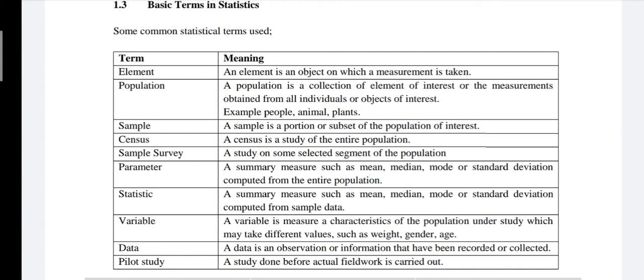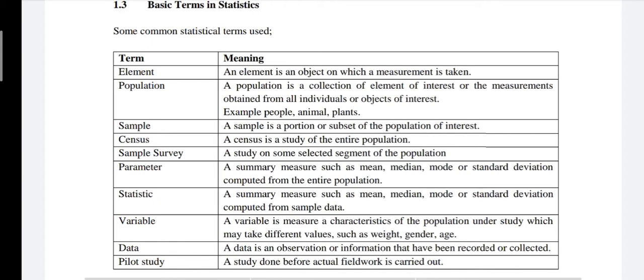Hanya sebahagian daripada population dipanggil sample. Contohnya population tadi all the students in UiTM Kota Baru, but the sample only statistics students. That is the sample, only a portion of the population. Alright, itu adalah beza antara sample dan population.